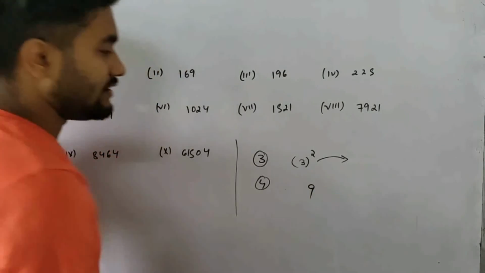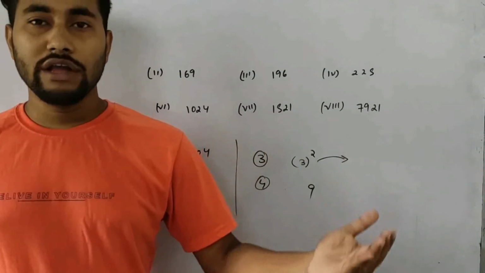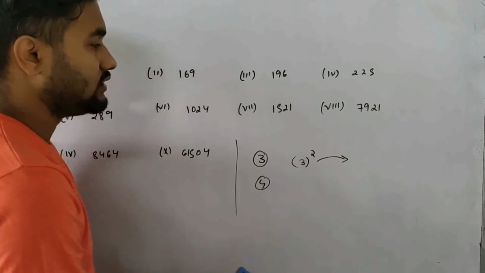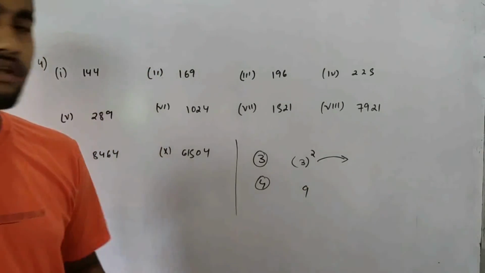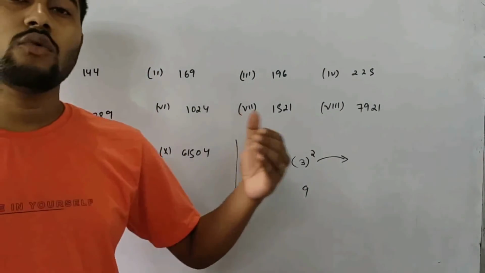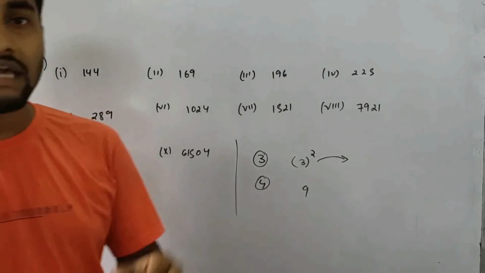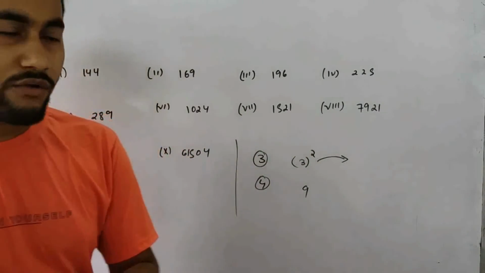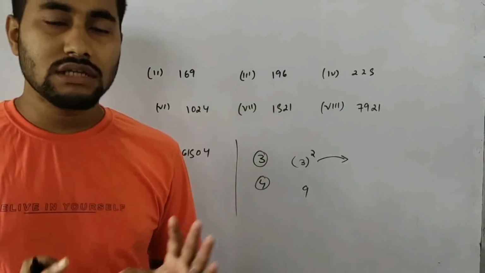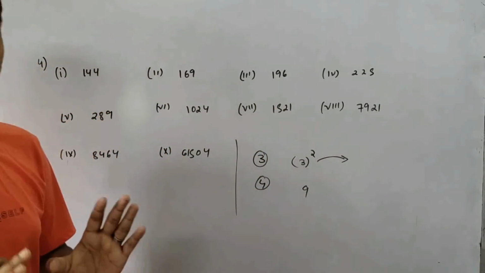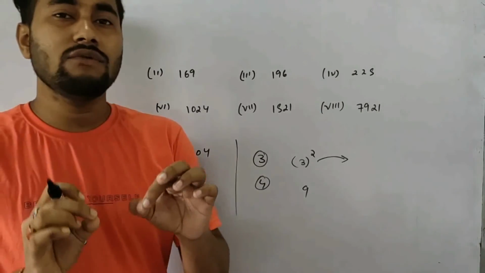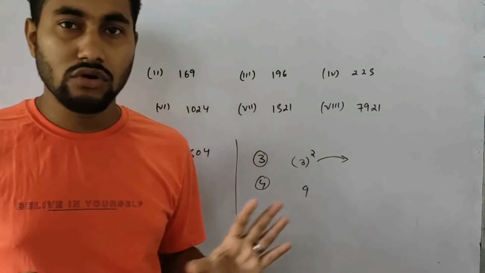Now question number 4 is like this. Say 9 is there, and say for example the question asks which of the following numbers are squares of an odd number. At first, 9 is an odd number, correct.